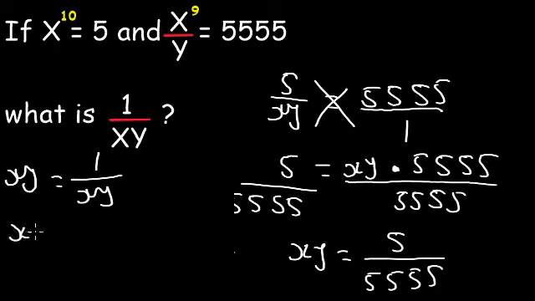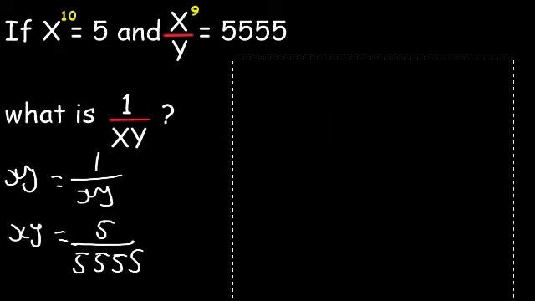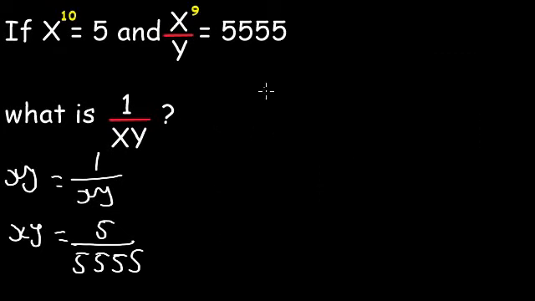And since xy is equal to 5 over 5,555, then 1 over xy will simply be equal to 1 over 5 over 5,555.